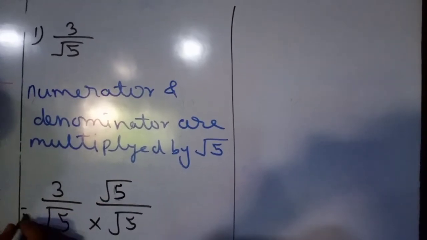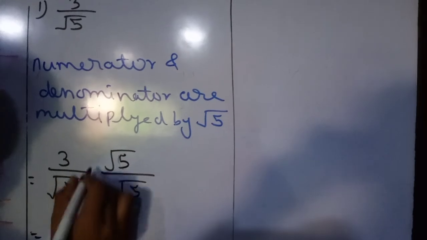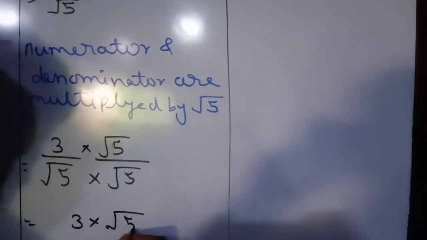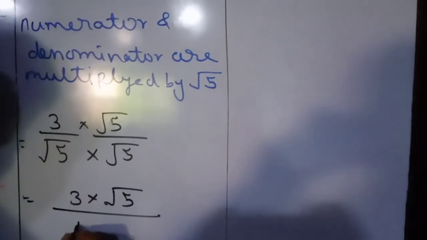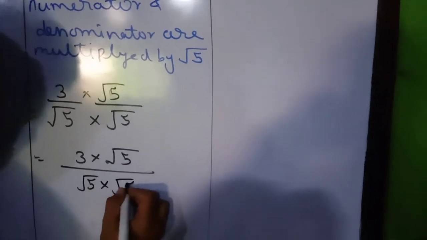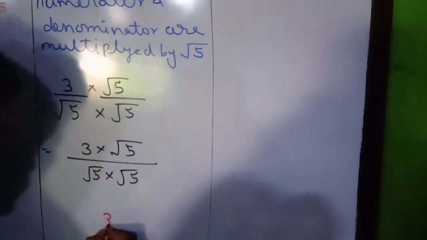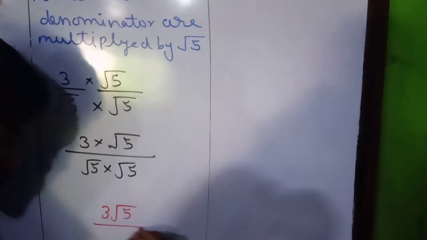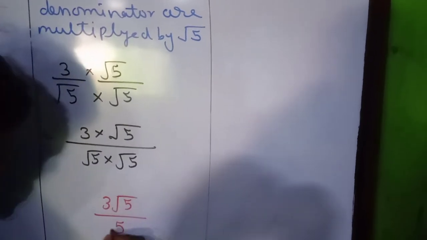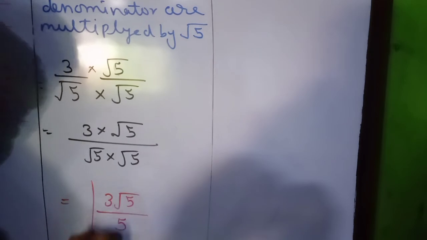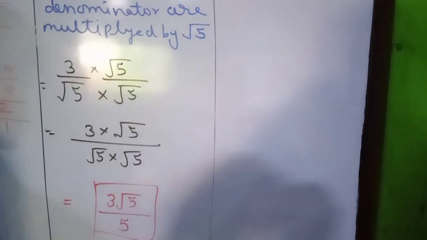Yes, so 3 into root 5, and here root 5 into root 5. So it will become 3 root 5, and in the denominator the root will cancel, upon 5. This will become our answer.